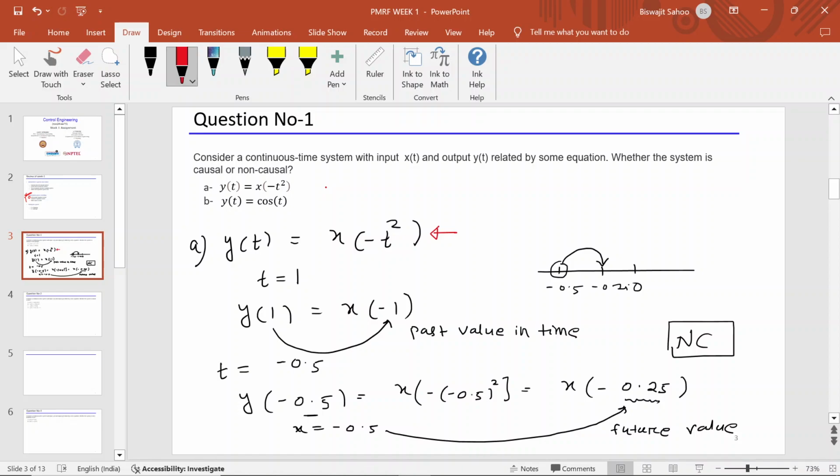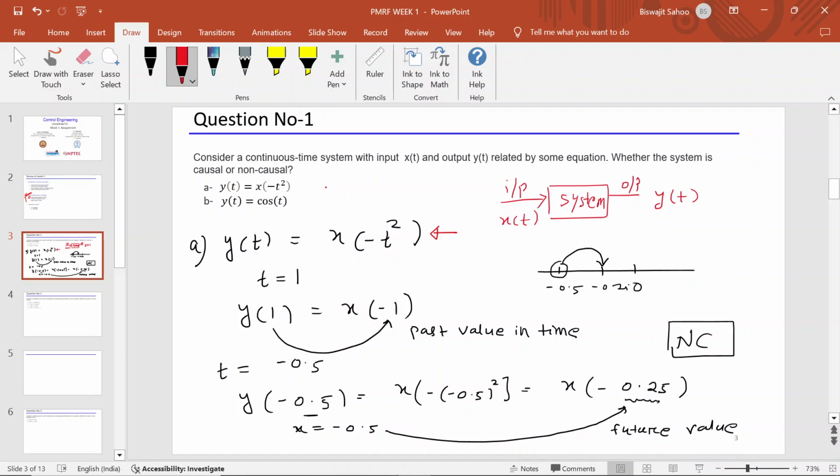For this equation, suppose this is your system, or whatever plant you can say, you are applying some input and producing some output. Input is, let's say, x of t, and output is y of t. There is an equation governing the system: y of t equal to x of minus t squared.